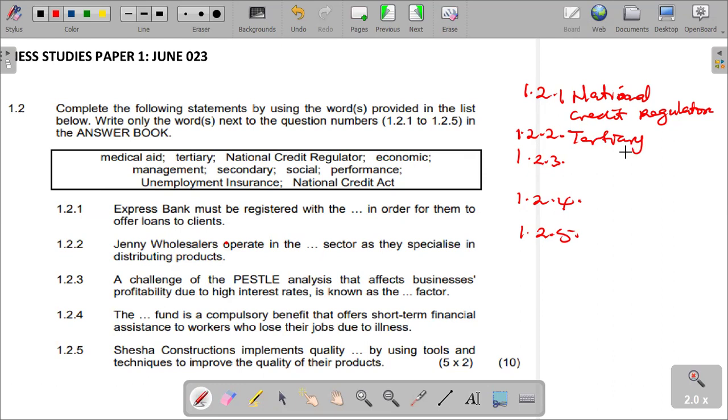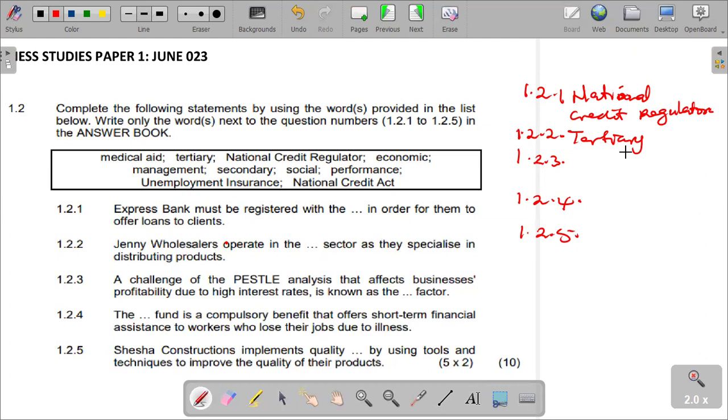Number 1.2.3: a challenge of PESTEL analysis that affects businesses' profitability due to high interest rates is known as the dash factor. Interest rates fall under PESTEL, which is political, environmental, social, technological, and legislative factors.